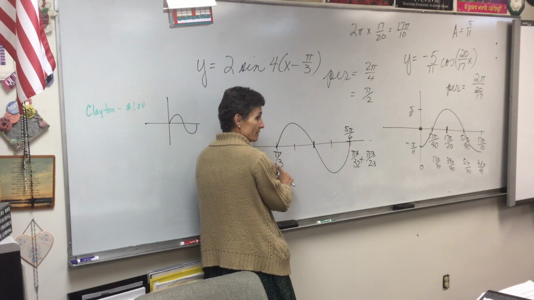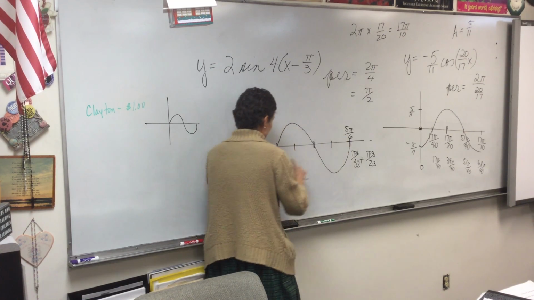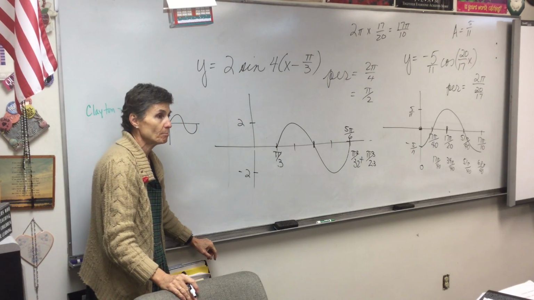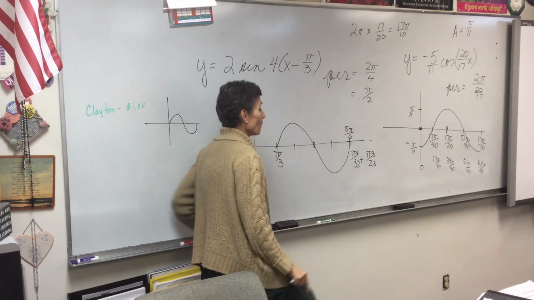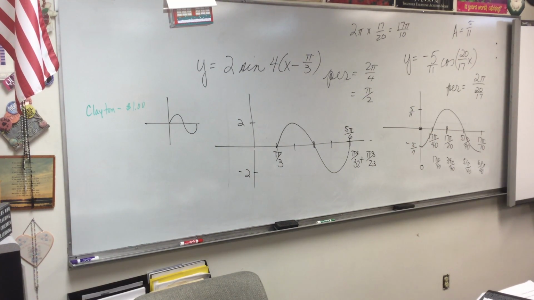Would you agree with that? That point right there is the midpoint of these two. How do I find the midpoint? I don't subtract. I average. I can't say that enough. The midpoint is the average.